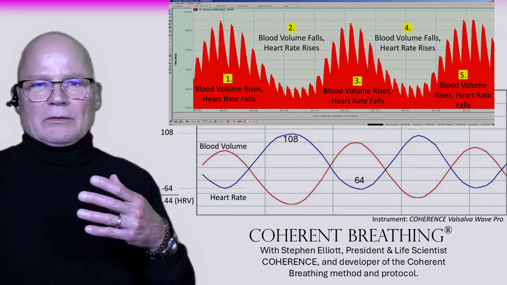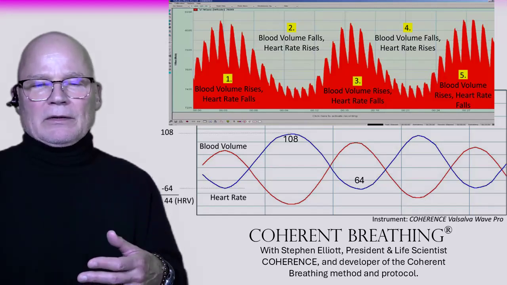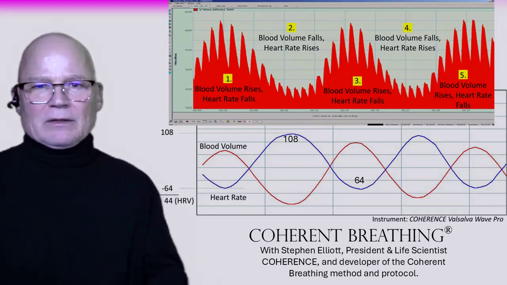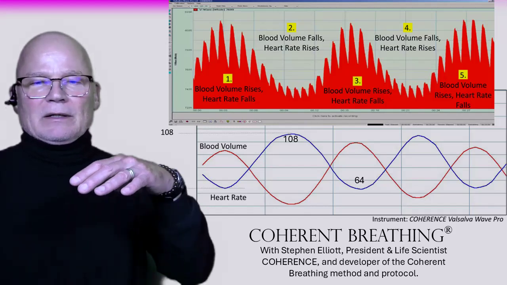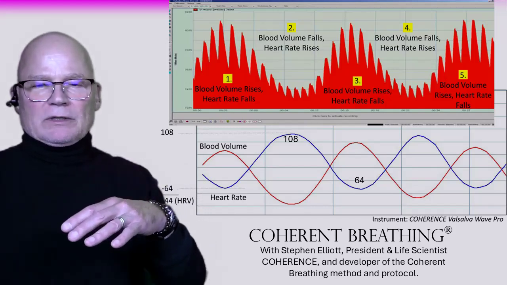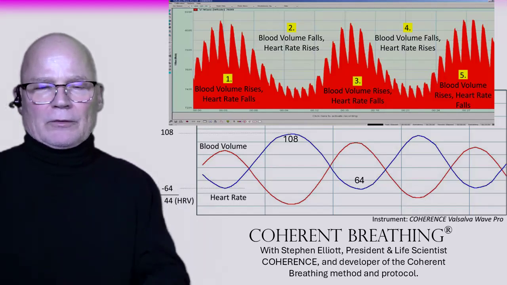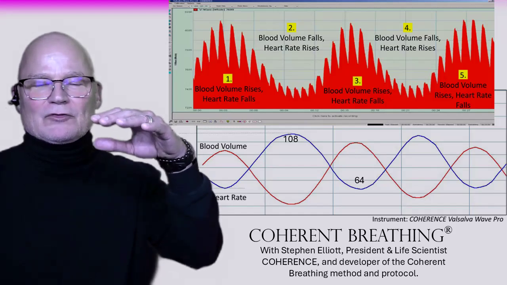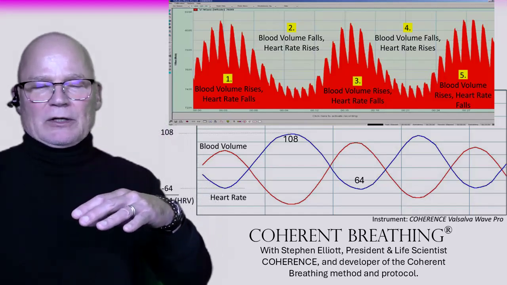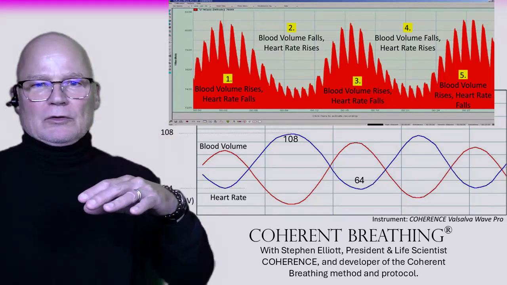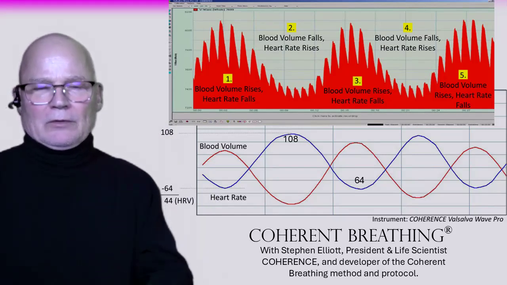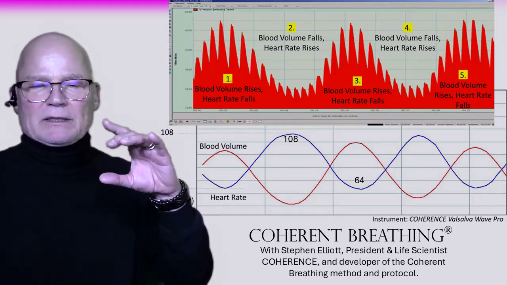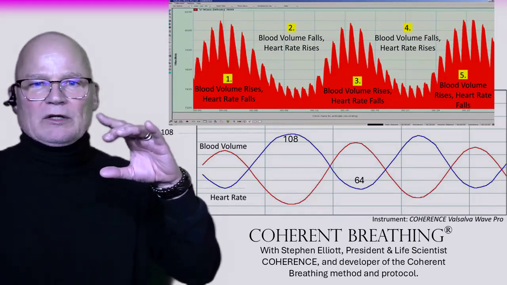So we have the opportunity that when we learn to breathe slowly, deeply, and rhythmically, we can exhale consciously and deliberately with every breath, allowing with each breath this valley of our respiratory sinus arrhythmia curve to drop, so that throughout the day we can maintain a difference between peak and valley of, let's say, 25 beats.